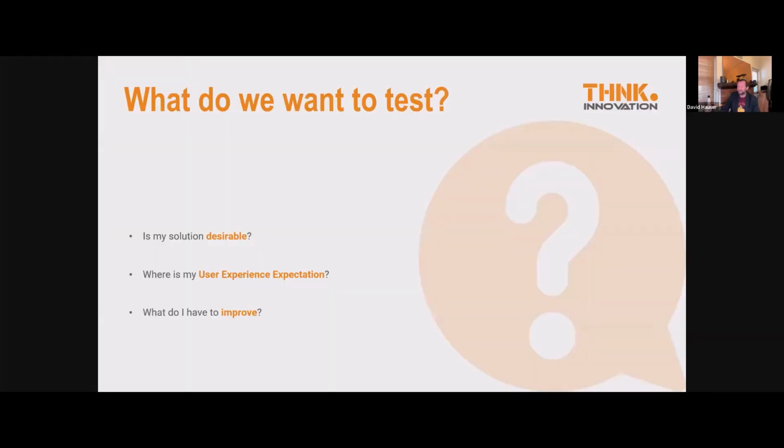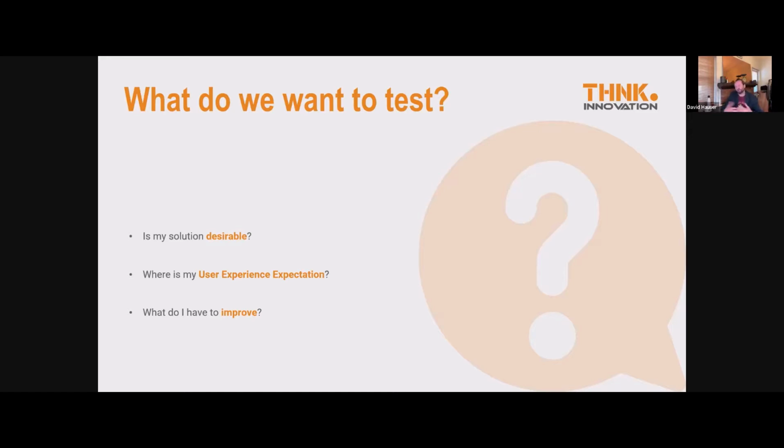So how do you test? How you test depends on what you want to test. And you want to test how desirable is your solution. You did that in the first place by already explaining your solution to potential customers.